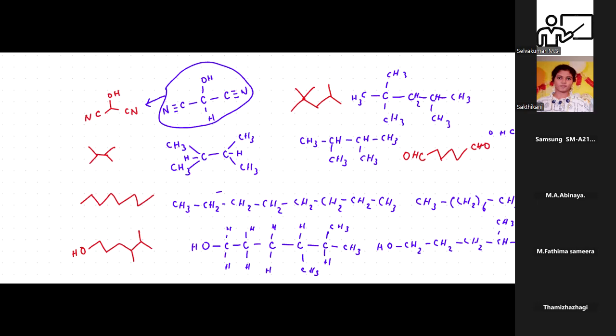So now you have to write the hydrogens to satisfy the bonds. So this compound can be simply written as OHC, CH2 4 times, CHO.